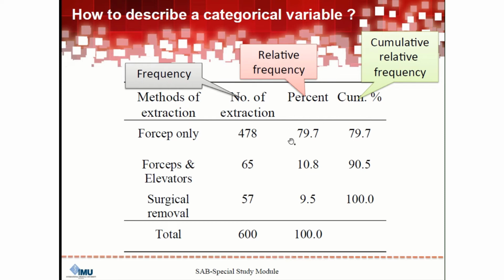So we know that forceps is the most popular method for removal of a tooth, followed by forceps and elevator, and followed by surgical removal, right? This is converted into percentage, and sometimes we convert into cumulative percentage, where 97.7 is for forceps only, for both together it is 90.5, and all three together it is 100%.